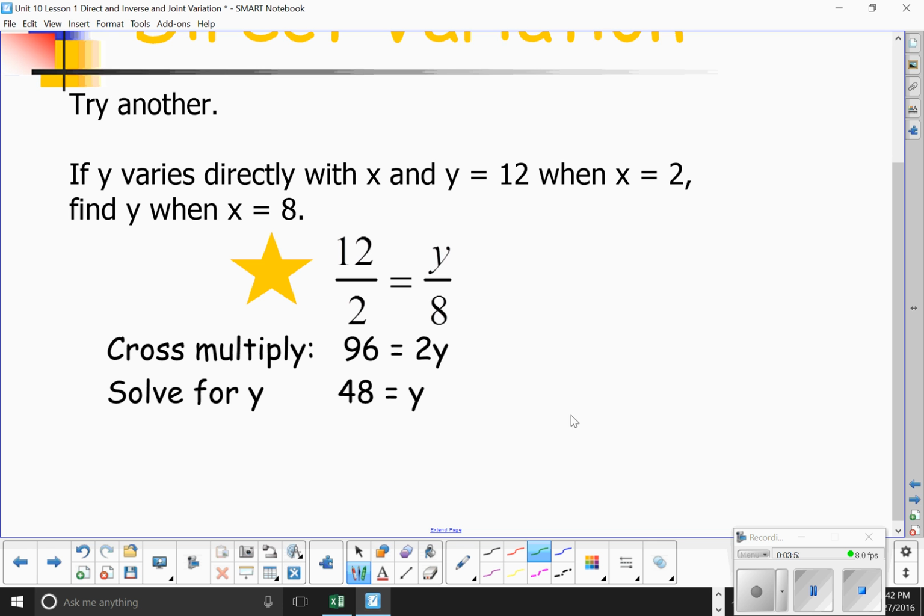Pretty straightforward, yes? Remember that in this case, k is equal to 6, y equals 6x. This is the equation. This is the constant of proportionality or constant of variation. Depends on what you want to call it. According to the SOL people, they can call it either thing, and you need to know what it is.